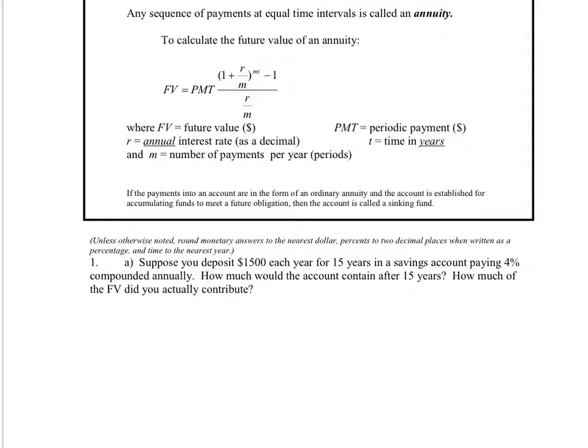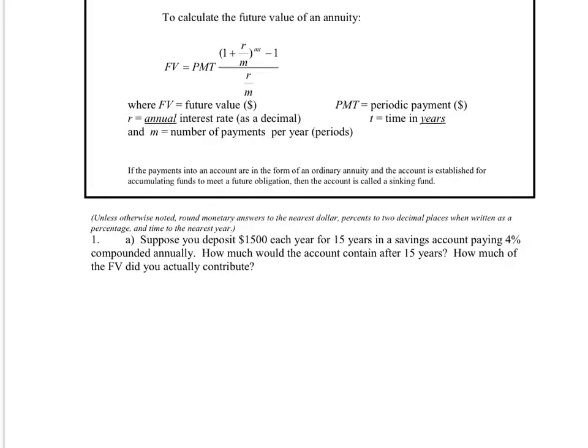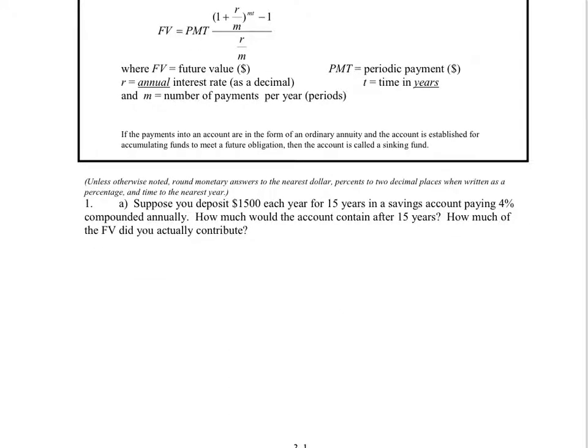Now, in order to see this amount, we're going to need to use this formula. So I'm going to copy the FV equals PMT, your payment amount, and then be very careful when you enter this in the calculator.